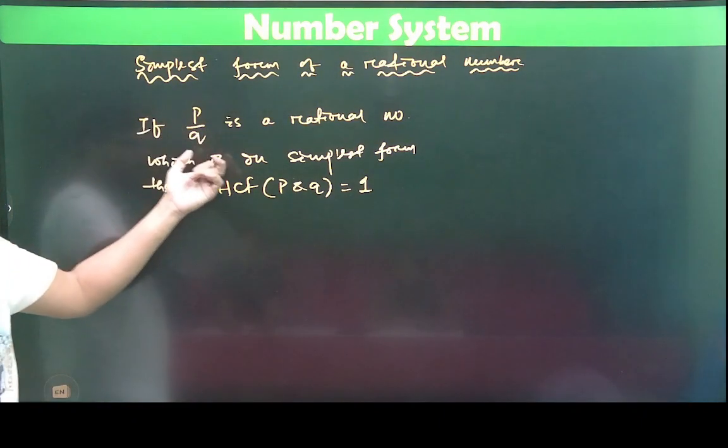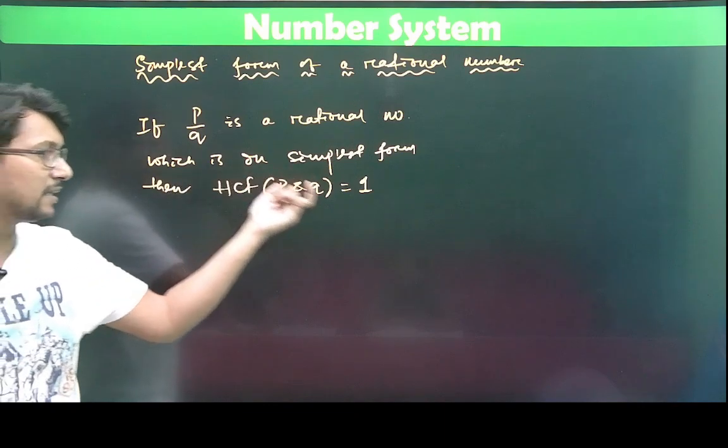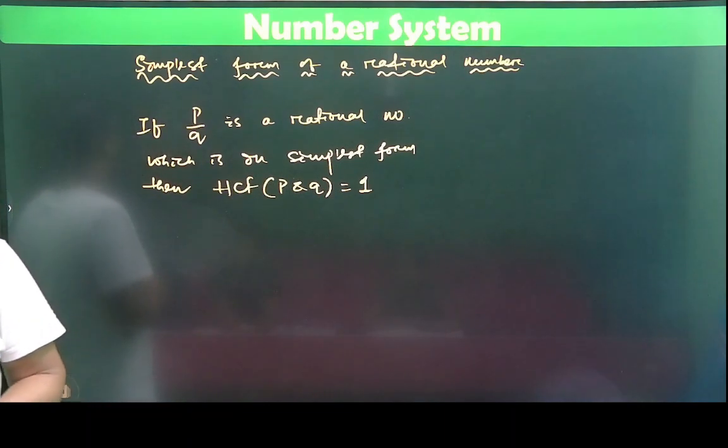If P by Q is a rational number in simplest form, their HCF should be 1.